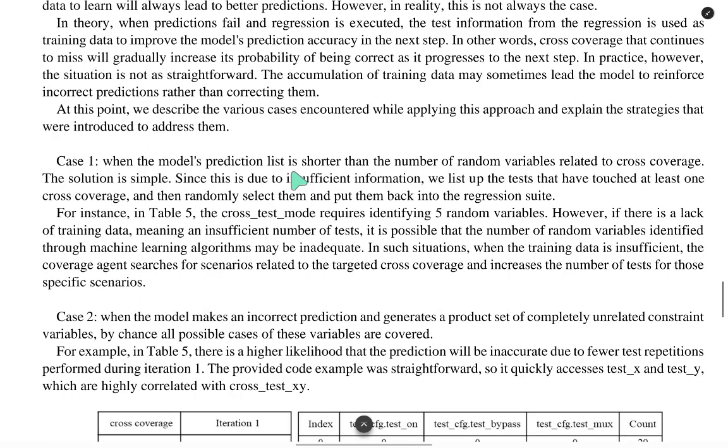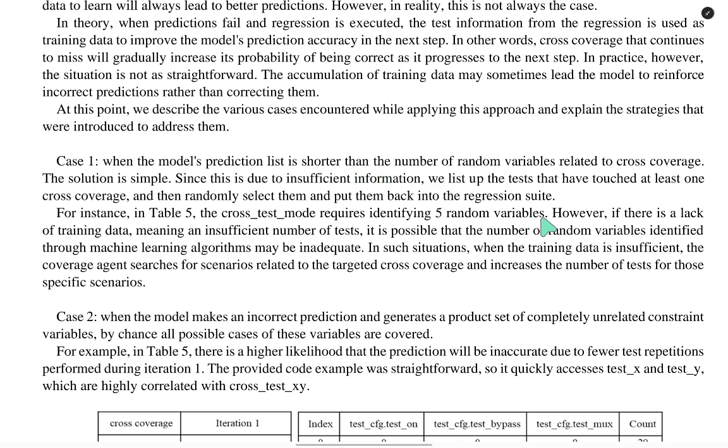When the model prediction list is shorter than the number of random variables related to the cross coverage, the solution is simple. Since this is due to insufficient information, in the list of tests that have touched at least one cross coverage, we randomly select them and put them back into the regression suite. For instance, in table 5, the cross-test mode requires identifying the 5 random variables.